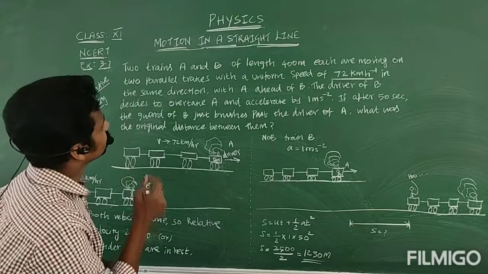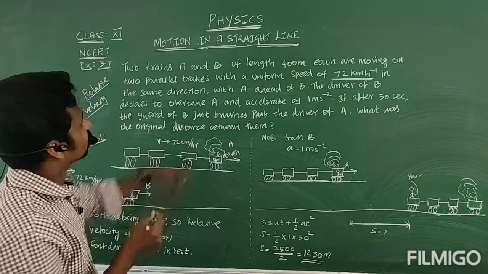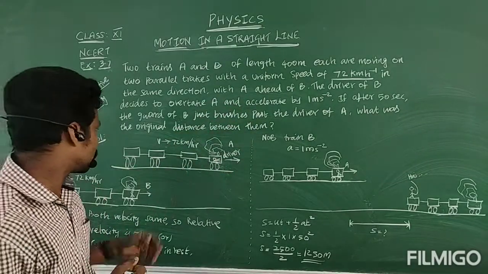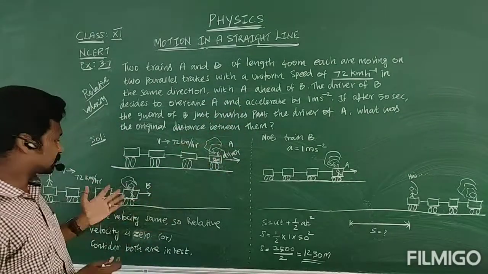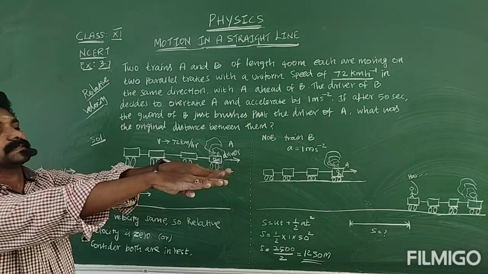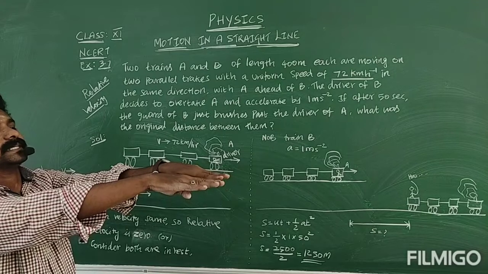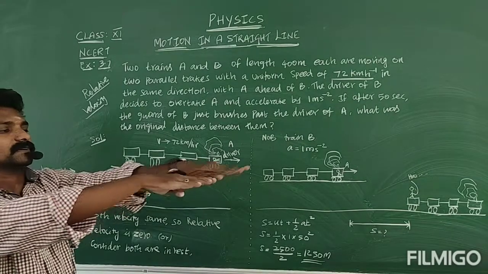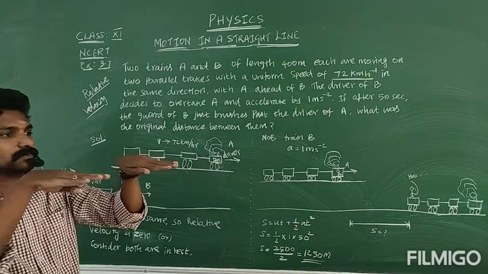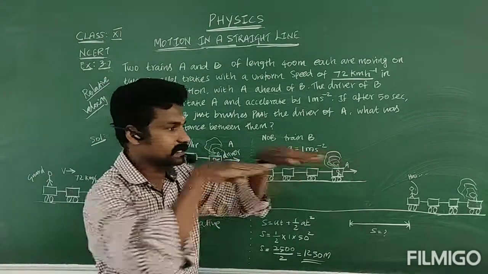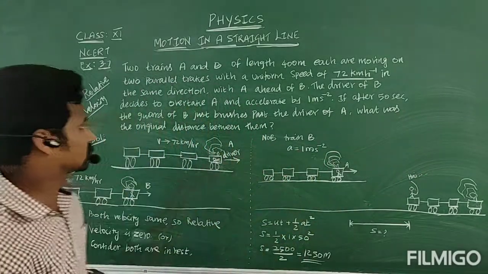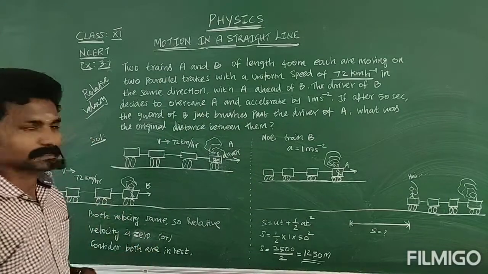Here the important point is A is ahead of B. A train is going a little ahead, B train is coming a little behind. For example, this is A train, this is B train. A is somewhat farther, B is somewhat backside. Both are moving with the same speed, 72 km per hour, in the same direction. This is the situation.